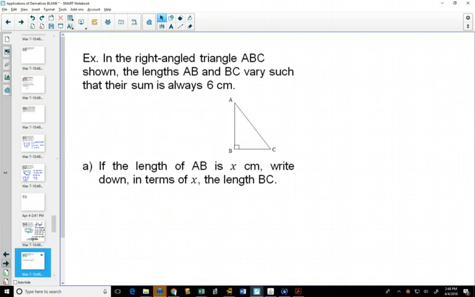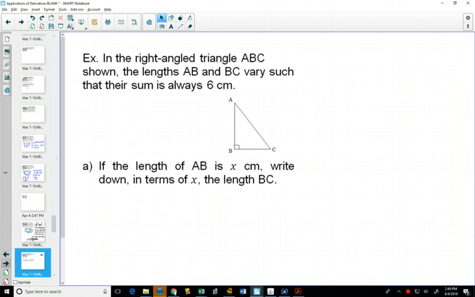So the hardest part in these questions is setting them up. So here, you've got a right-angled triangle ABC. The lengths AB and BC will always vary so that the sum is 6. So it could be 2 and 4, 3 and 3, 5 and 1. And as they vary, the area of that triangle is going to change.